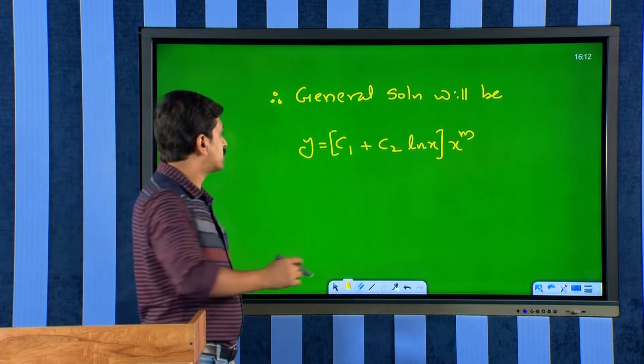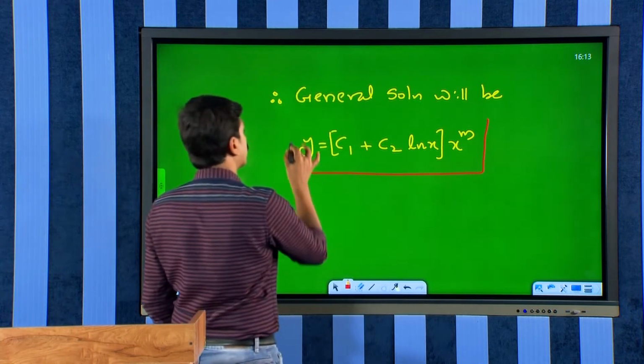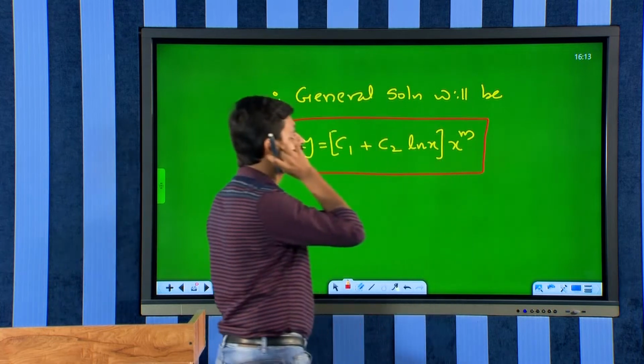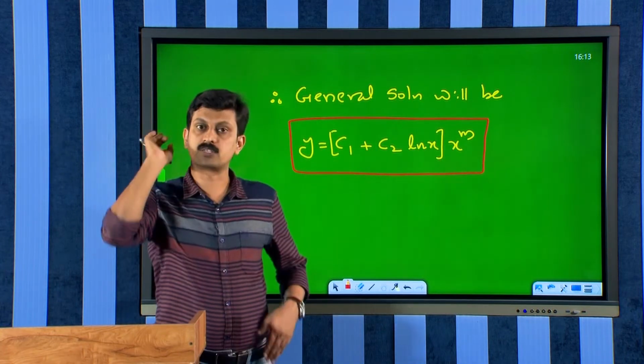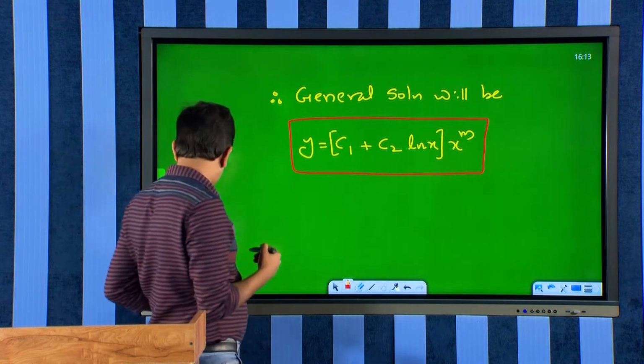This is the general formula to find the general solution when the auxiliary equation of the Euler-Cauchy equation has a double root. We can move to a problem.